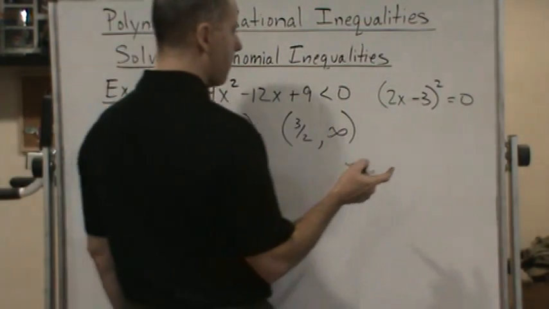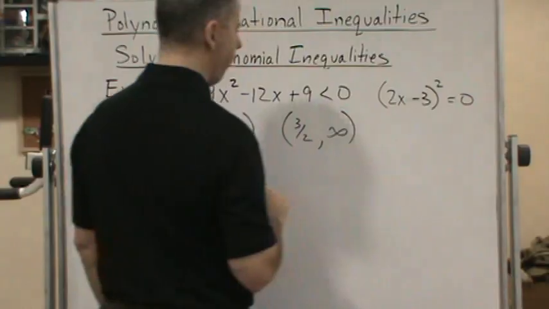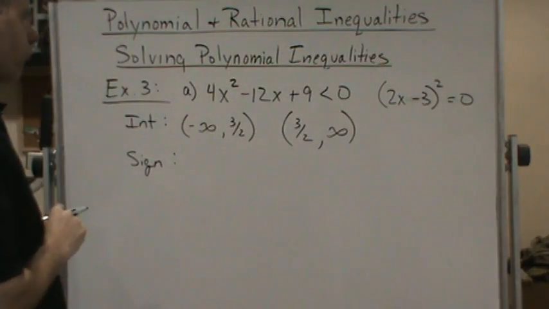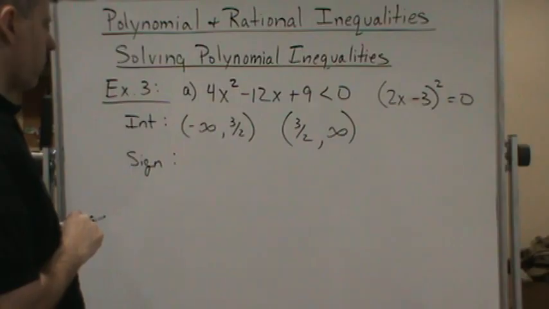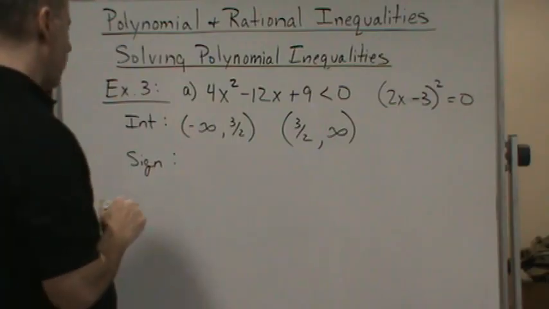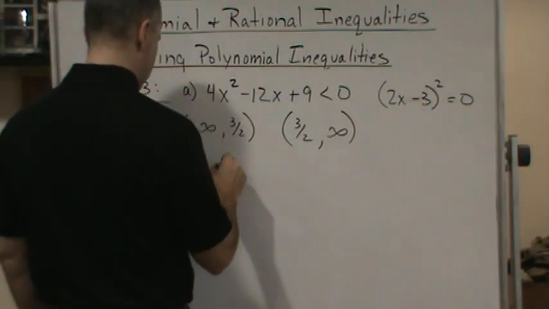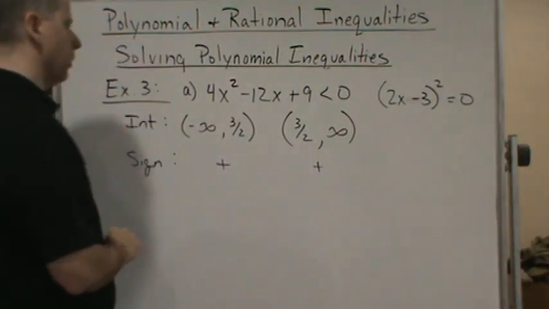Now the thing is, since this is squared, it doesn't matter what x is. It's always going to be positive. So that means it's going to be positive here, and it's going to be positive here.